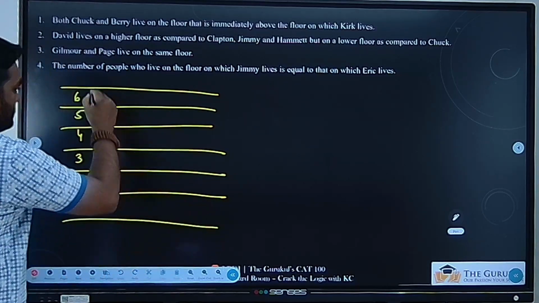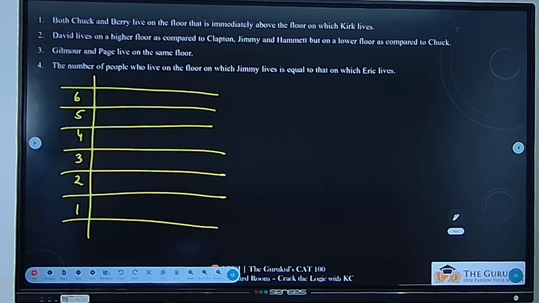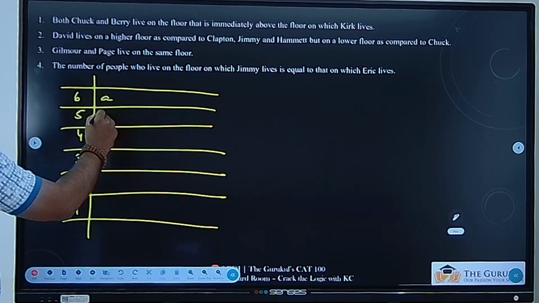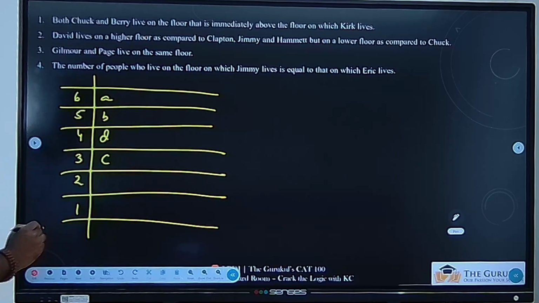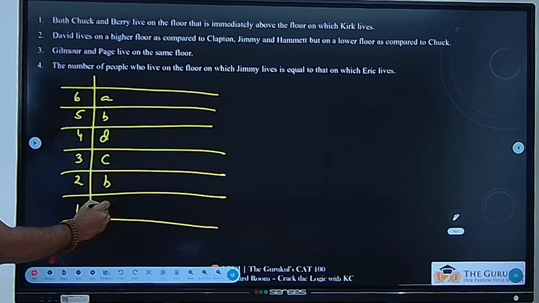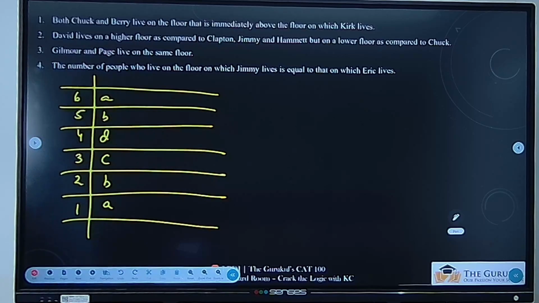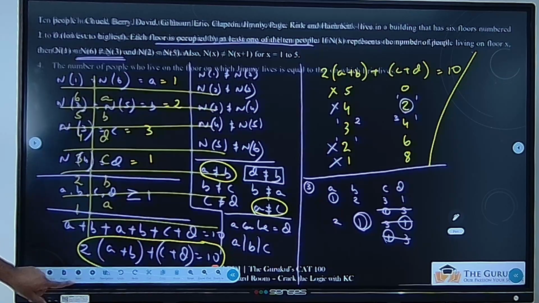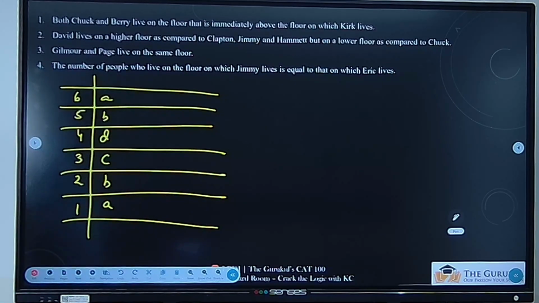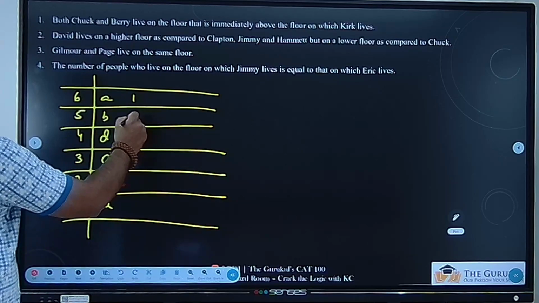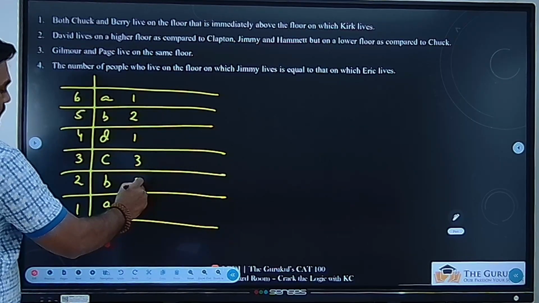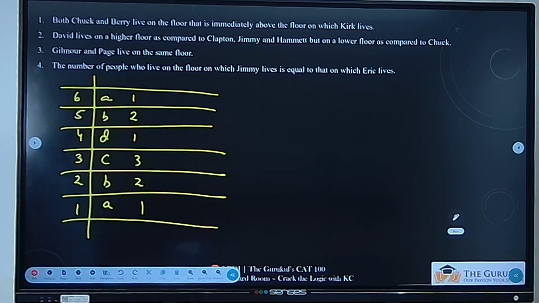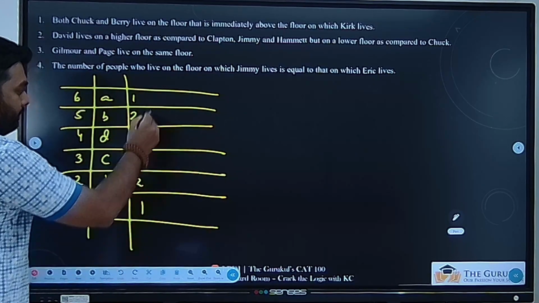In these 6 places, I'm having A, B, D, C, B and A. Now A equal to 2, A equal to 1, B equal to 2. A equal to 1, B equal to 2, C3, D1. Perfect. These are the number of people.